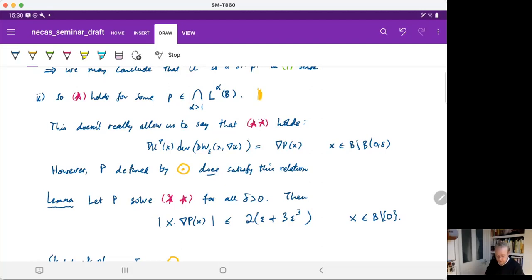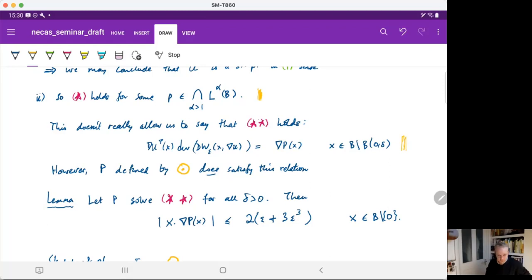So it's enough to find a pressure that has this behavior on balls, well, on B, but away from the origin. It's enough to have such a P, and then you can invoke uniqueness.